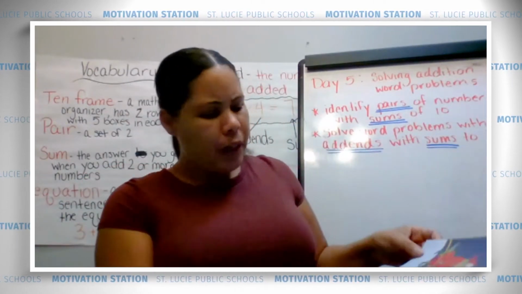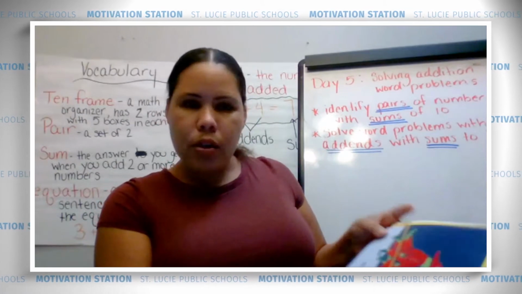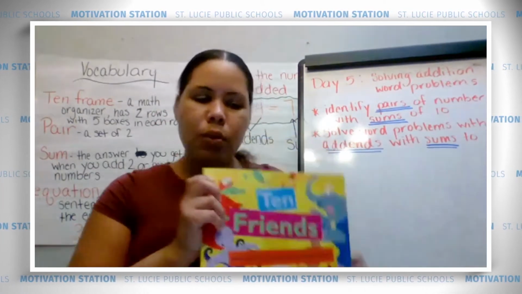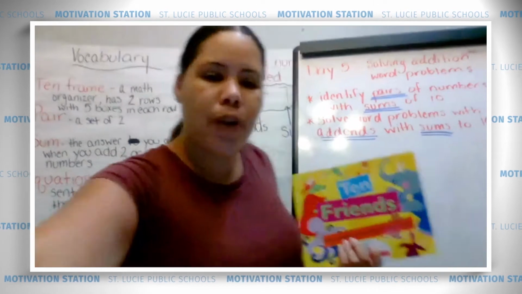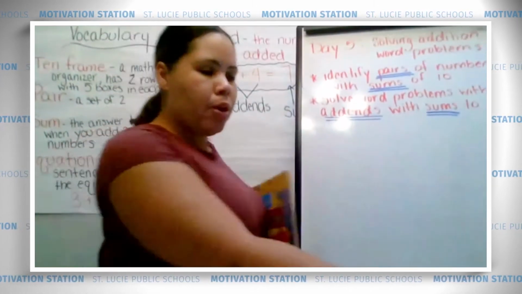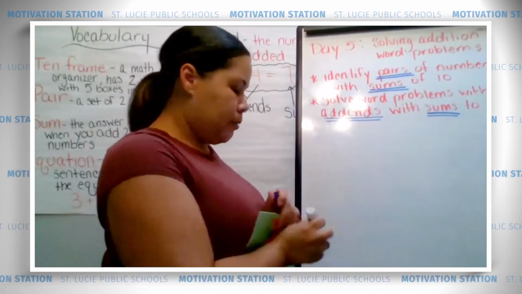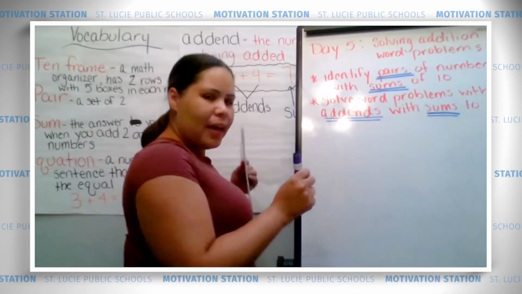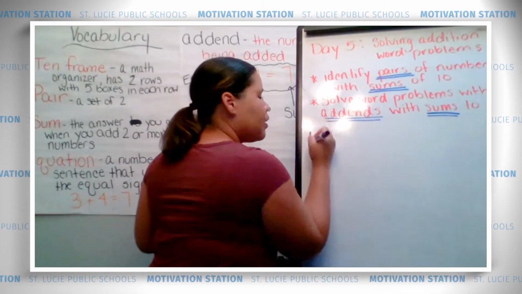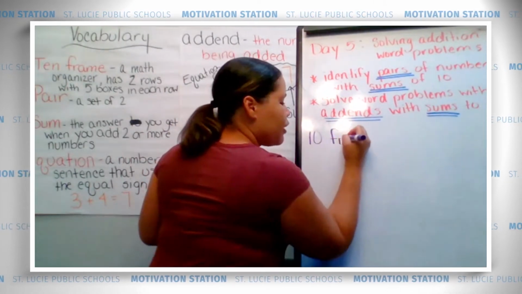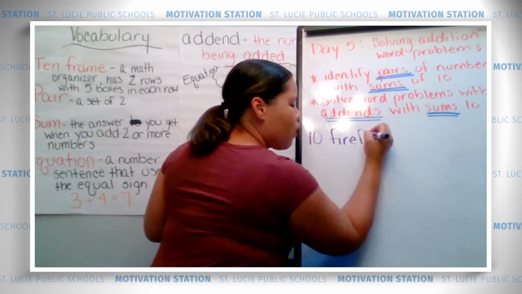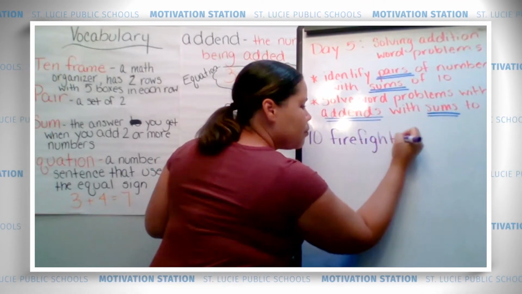As we were reading this book, we learned about lots of friends. Let's do a little review, and I'm going to write our friends on the board. Who did we meet in this story? We had 10 of something. 10 firefighters. Great. Remember, it was our crocodile firefighters?